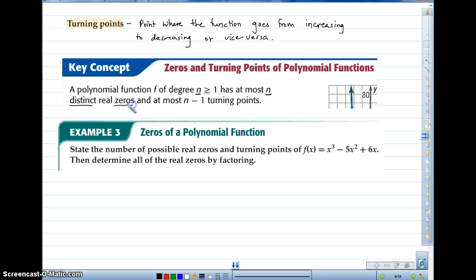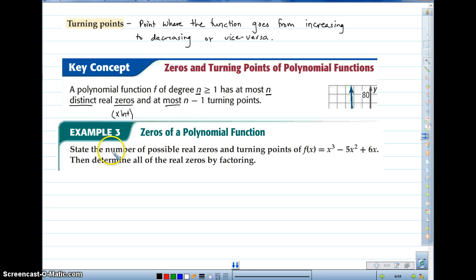We talked about zeros. Zeros are the same thing as x-intercepts. It'll have at most that many. So it may not have exactly that many, but at most it will have that many zeros. And at most it will have n minus 1 turning points. Okay? So you can never have more than these values of turning points and zeros once you figure out the degree of the function.